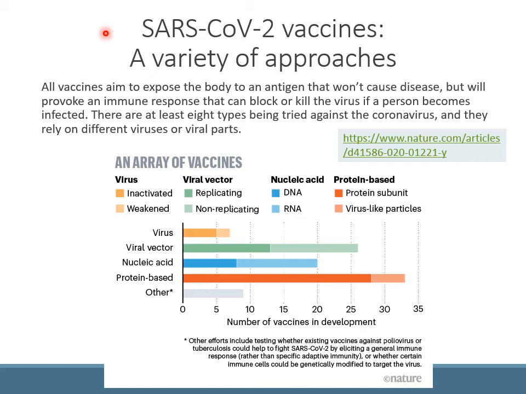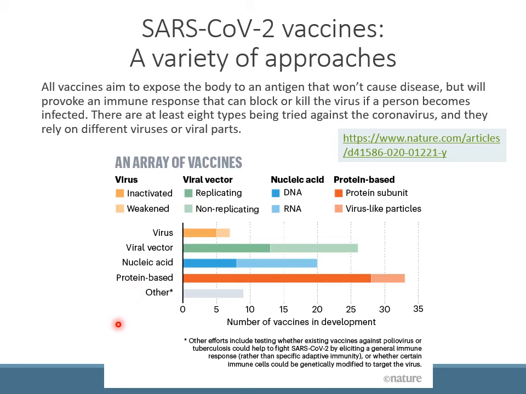I'm just going to go through those types of vaccines again. I think it's interesting. We look at the vaccines being developed, and this is from this article right here. You can go take a look at that. That was published at the end of April.